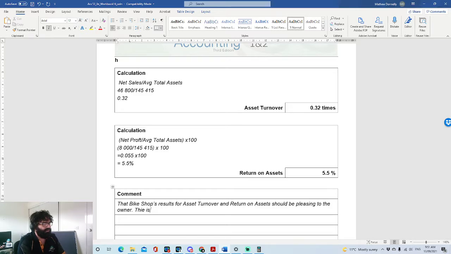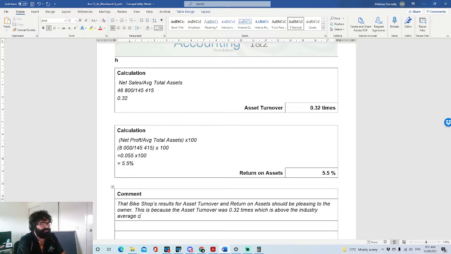This is because the asset turnover was 0.32 times, which is above the industry average of 0.28 times.